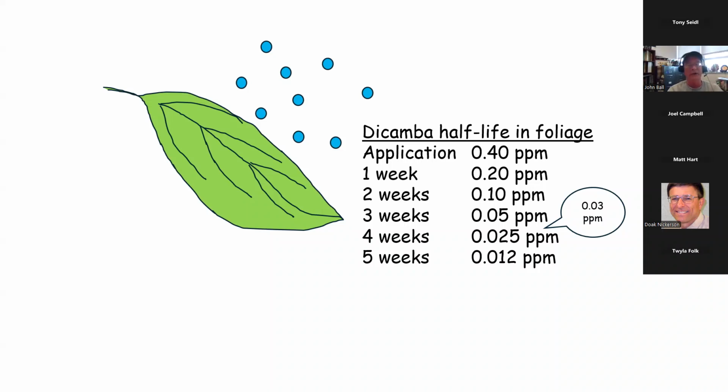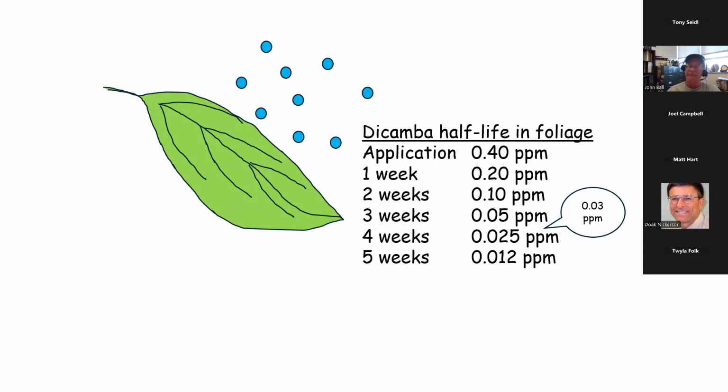Now, there's other variables than just this, so this isn't exact. But let's say at the time of application, my drift droplets are actually 0.4 parts per million.